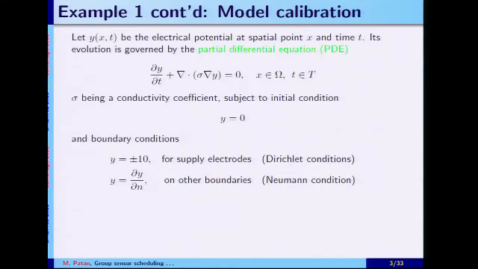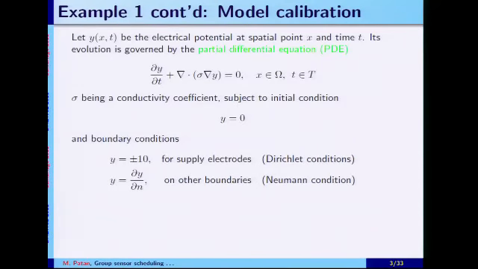As for mathematical modeling of this process, usually the distributed parameter systems, also called systems with spatio-temporal dynamics, are modeled using partial differential equations, sometimes integral equations, but the most common models belong to the class of partial differential equations.